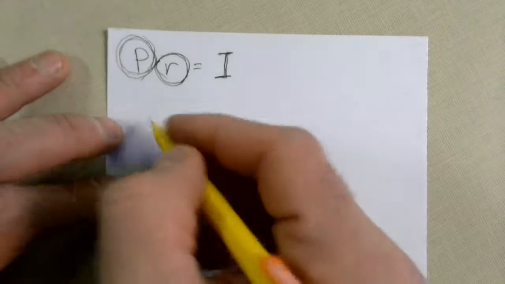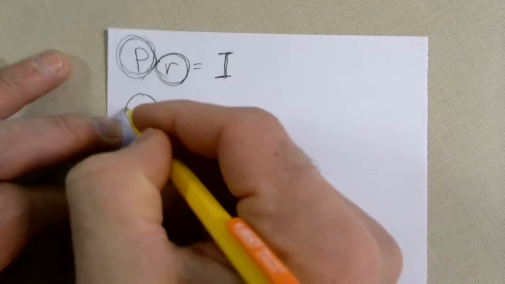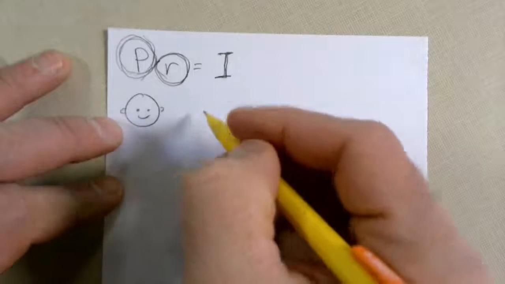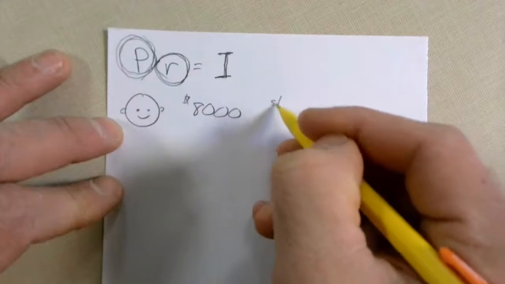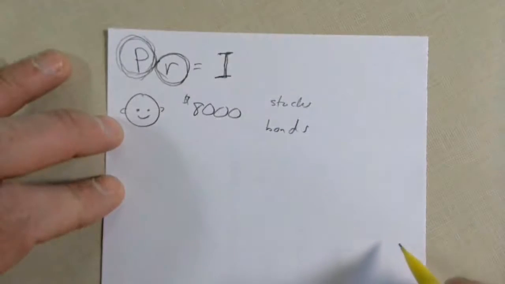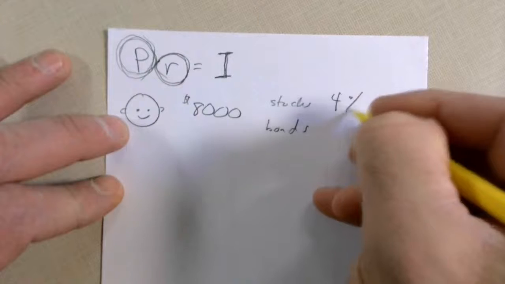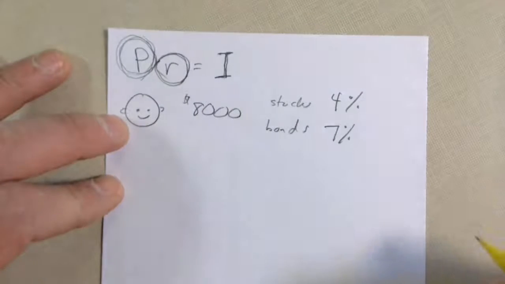So, here's this guy, John. He's a nice guy. He has invested $8,000 in stocks and bonds. The stocks pay 4% interest, and the bonds pay 7% interest.